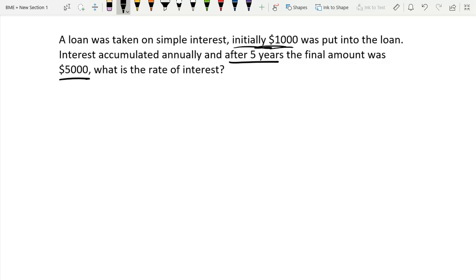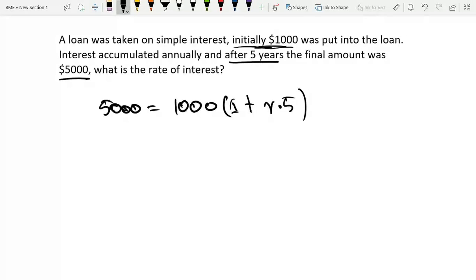So this time, we're not going to go on with the color coding. So we have 5,000, which is our final amount, equals our principal, which is 1,000, times 1 plus, now we don't know our rate, so we have our rate times 5.